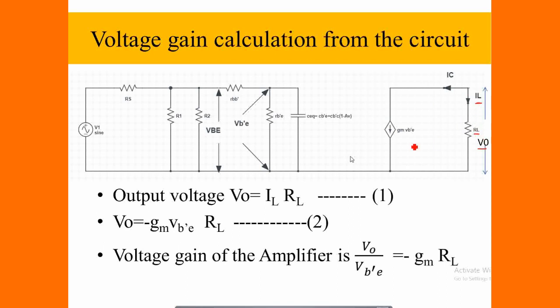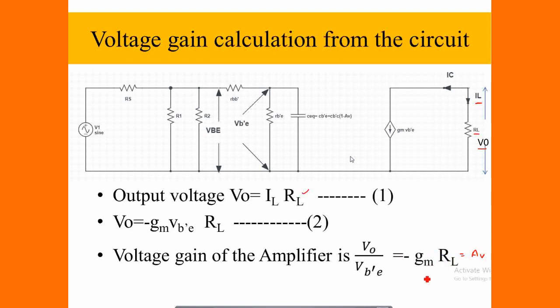So V0 is equal to IL into RL, and further IL is nothing but minus IC. So we replace IC as GM into VB-E and take VB-E to the left side. So we get V0 by VB-E equal to minus GM into RL, which is the voltage gain of the amplifier.